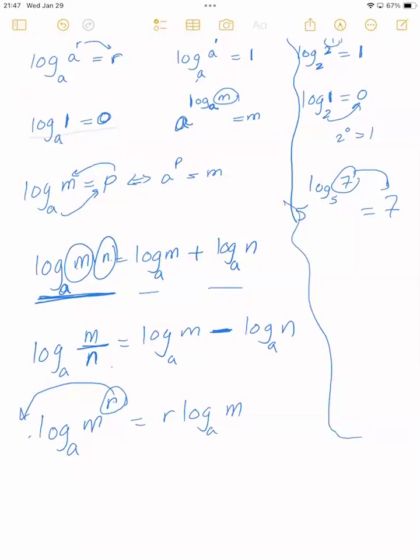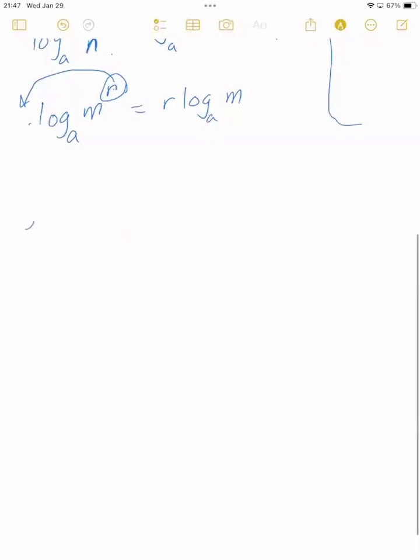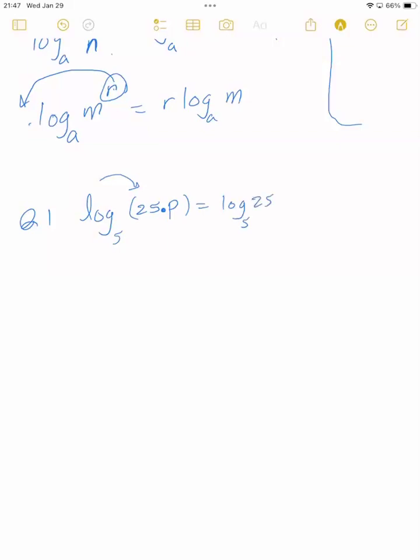So we want to apply them to question number 1, which we have log base 5 of 25p. We have a product here, multiplication. I can write this as 2 logs. Log for 25, the base is 5, plus log for p.